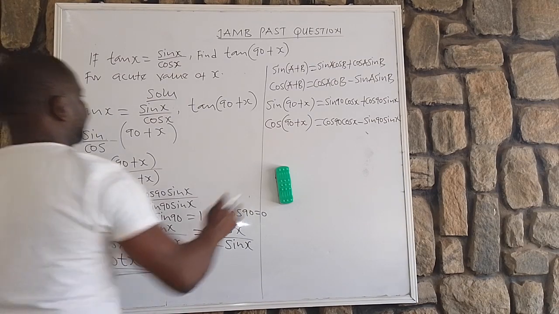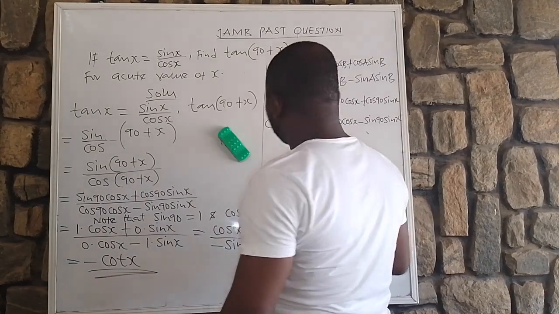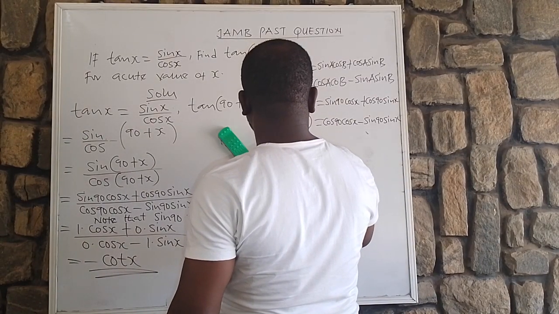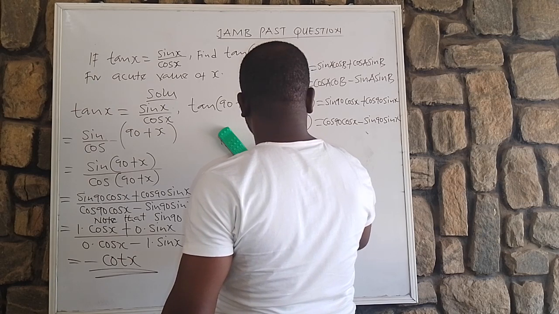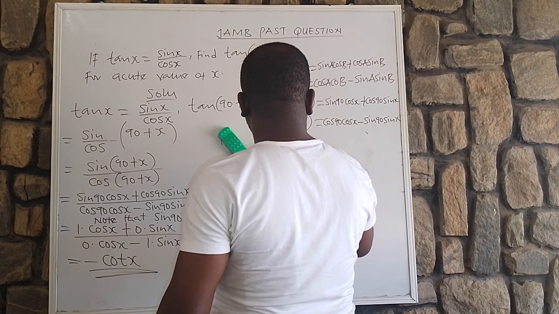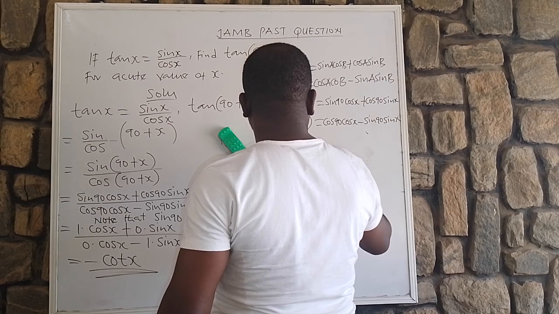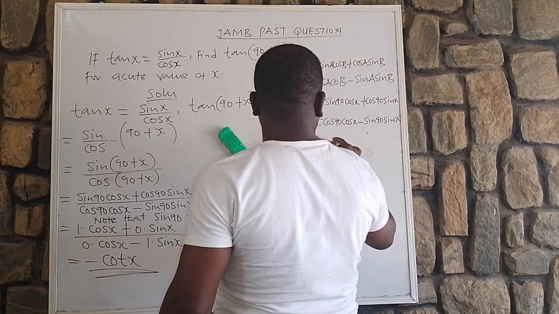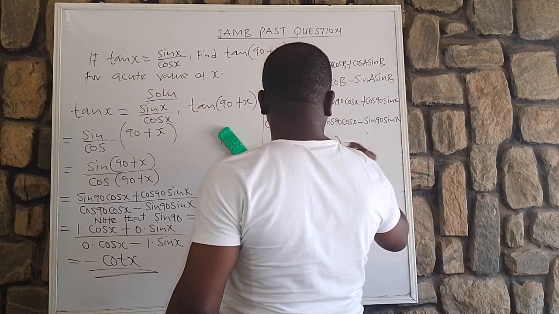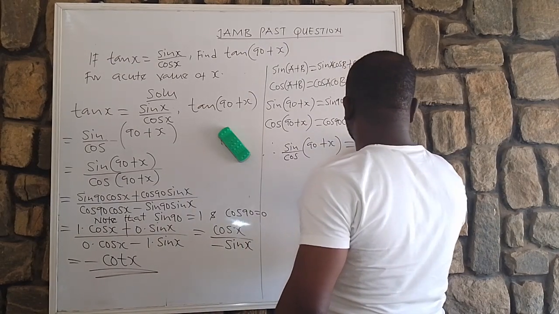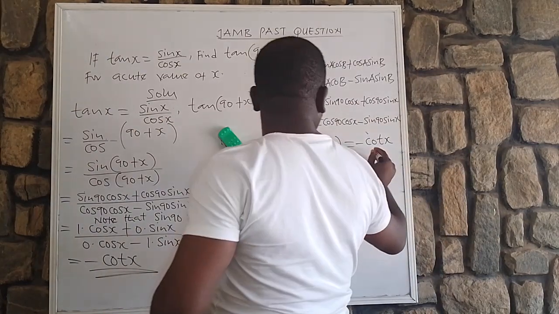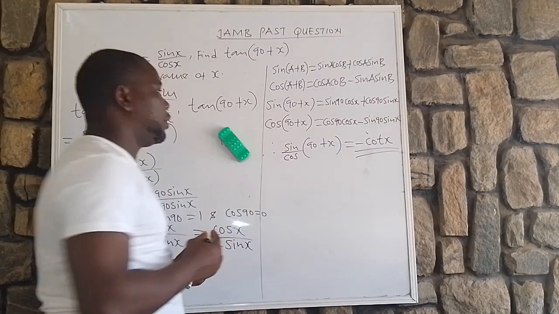Therefore, we can conclude by saying tan of 90 degrees plus x is equal to minus cot x. Is that clear? This is the final answer.